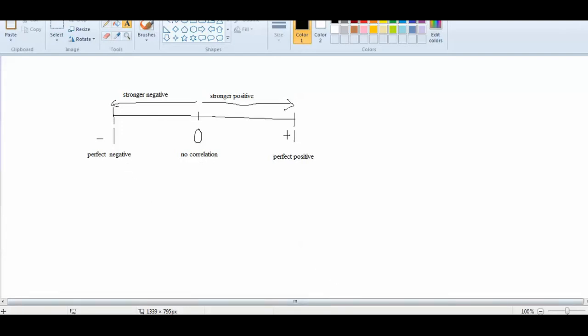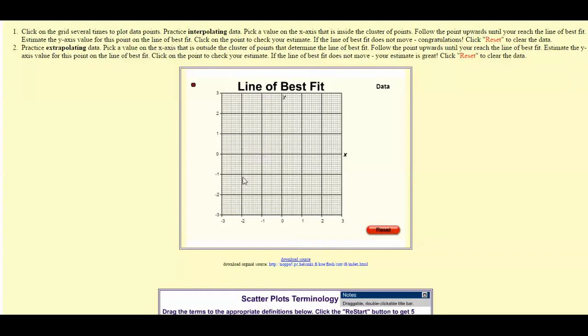I'll go back to the website. If the dots all perfectly line up on a straight line going from left to right, it's a perfect positive correlation. So this data set would come out to a value of +1.